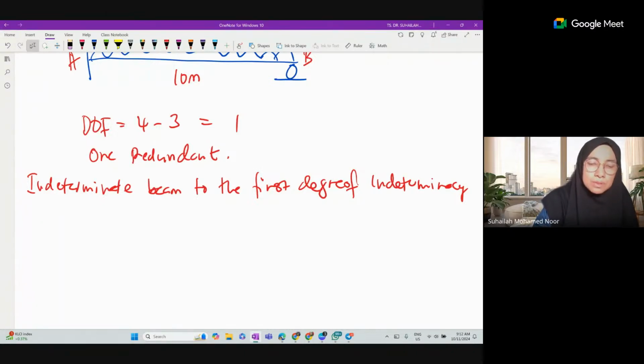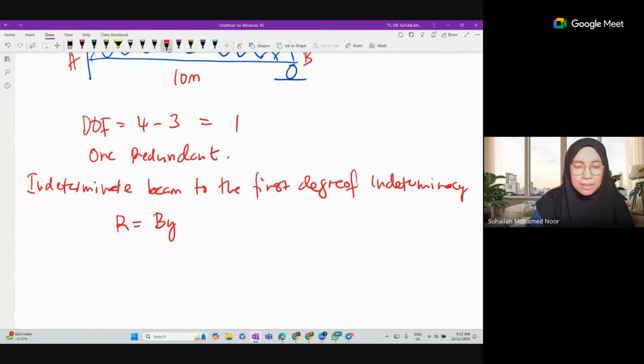So we have to choose a redundant because we want to remove it. We want to derive the compatibility equation by analyzing a cantilever beam. In this case, we choose By as the redundant.